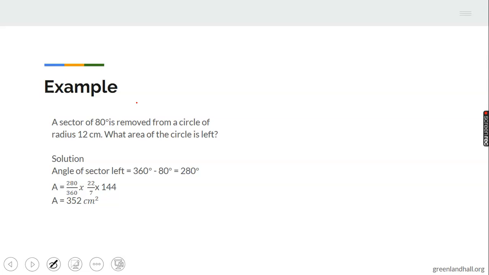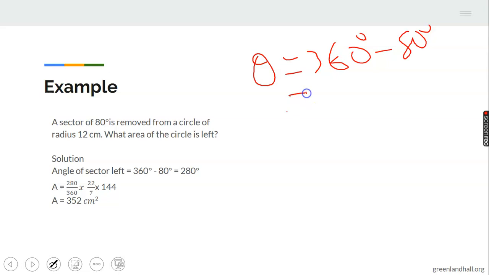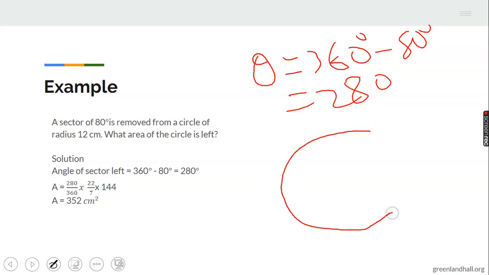So the remaining angle, the angle we are interested in, theta, will be 360 minus 80 degrees, and that will be 280. So we are dealing with the major sector. This is the major, this is the 80 that has been removed.